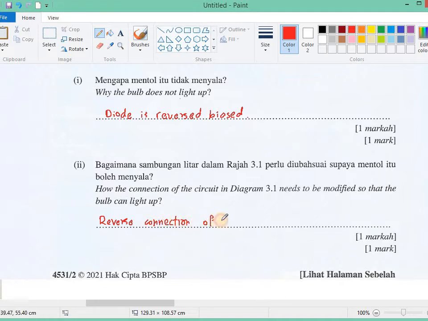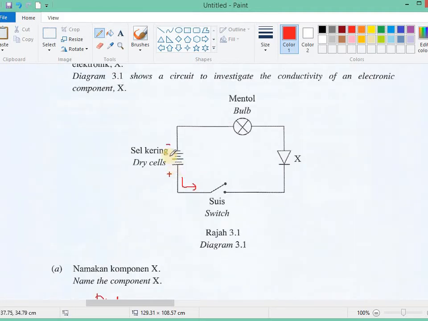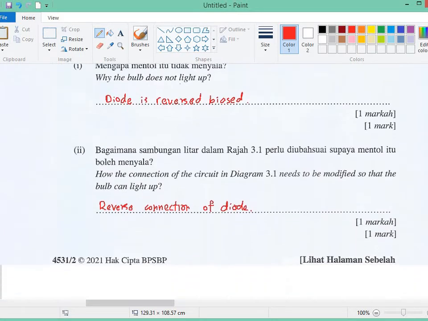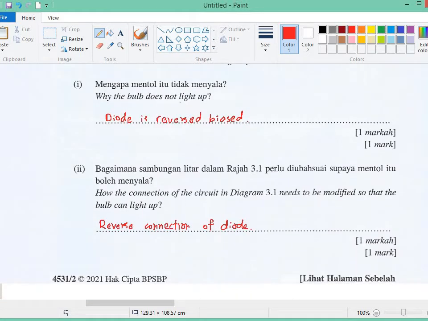Or you can also say that you reverse the connection of the dry cell. Because if you reverse the direction of the dry cell, the current will flow in this direction, and the diode will become forward bias. So both also can.